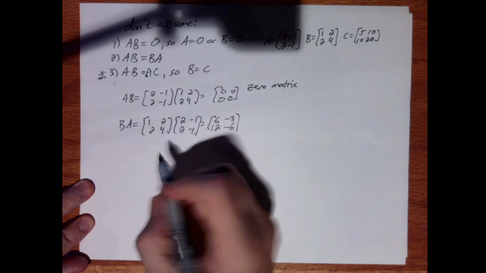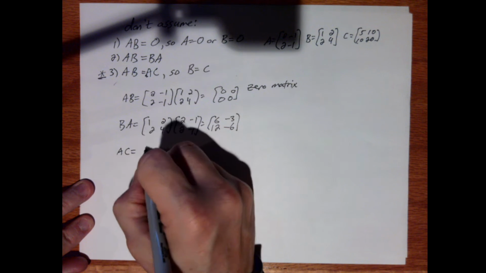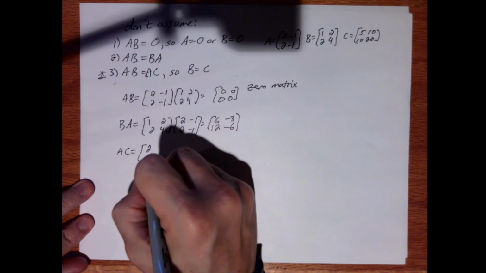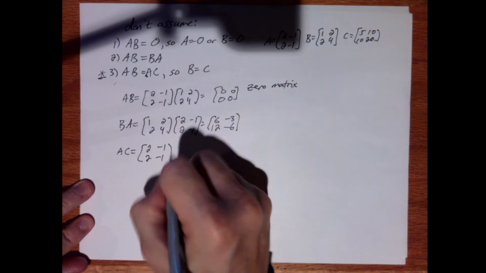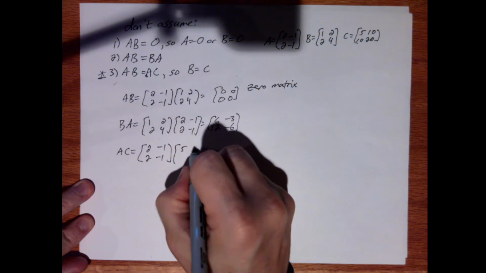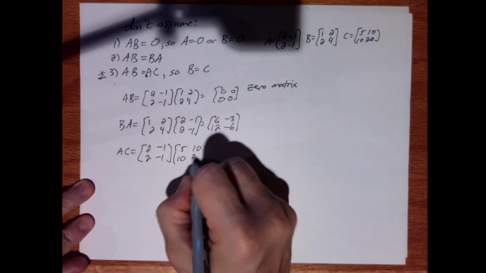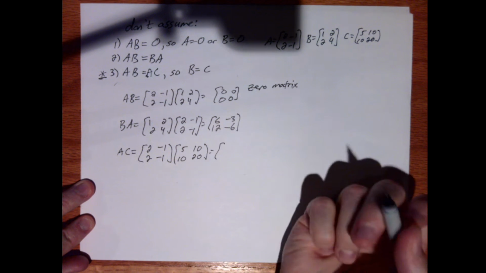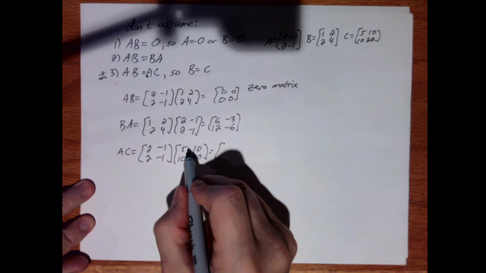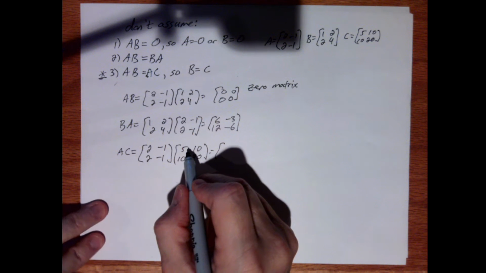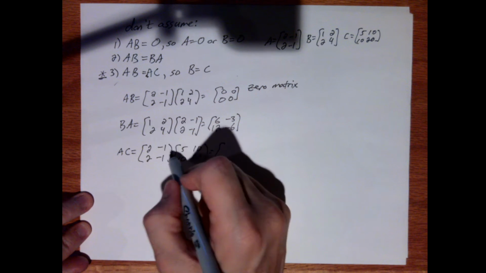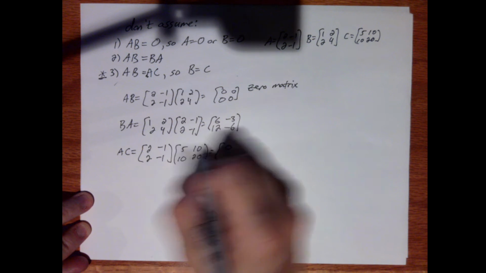And then finally, let's do AC. So 2 times 5 is 10. Minus 10 is 0. 2 times 10 is 20.